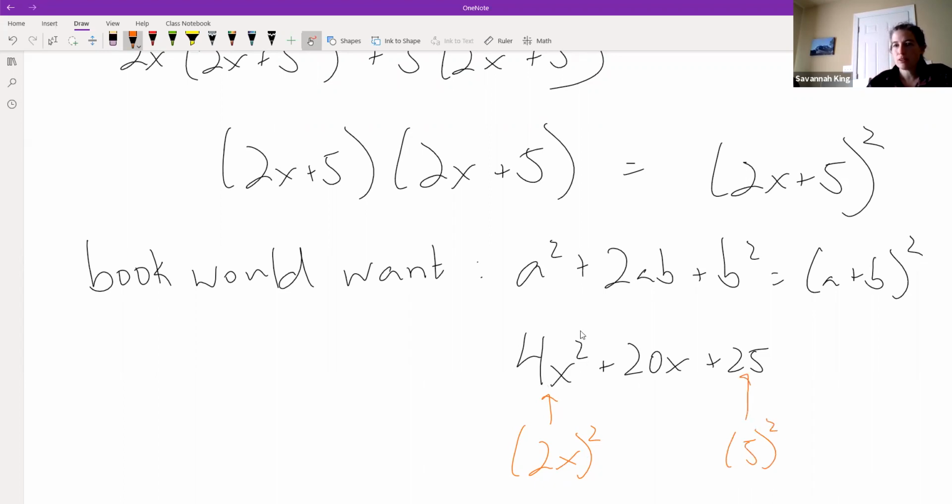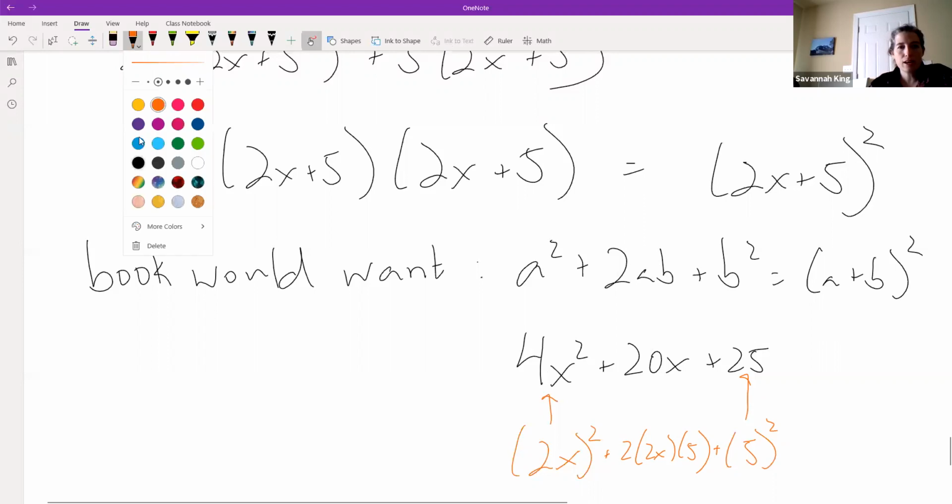So if you recognize that the very first term is a perfect square and the very last term is a perfect square, and then maybe you can recognize that 2 times your first term times your last term would give you your middle term, you could force this into the a plus b squared. Again, that's not required and it's not ideal.